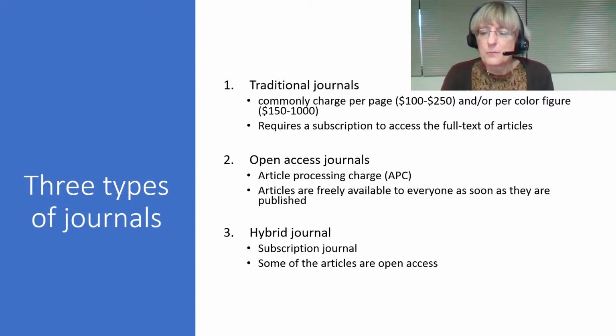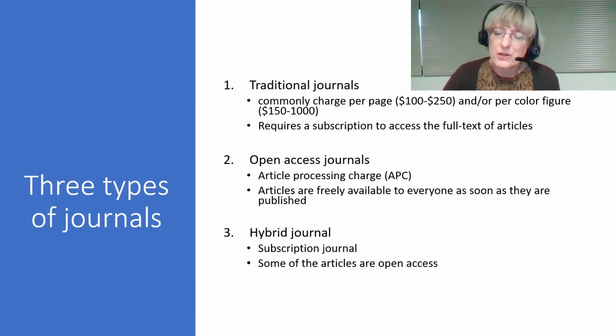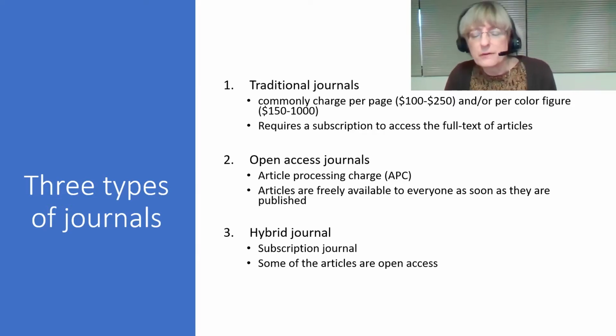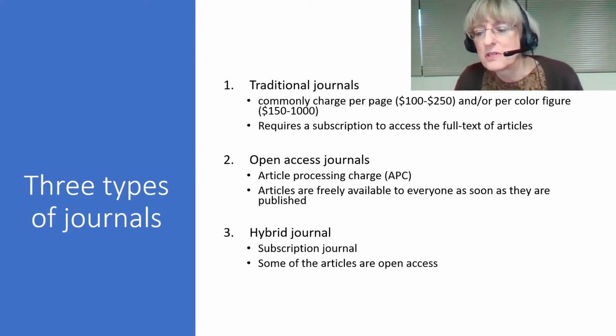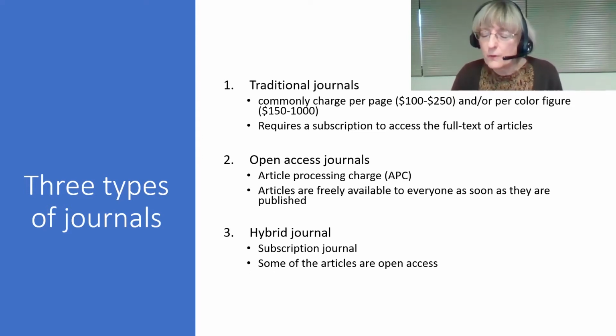And then the second type of journal is called open access journals. And these are journals that have really just come about in the last 20 years. The overall trend for journals is we're gradually moving basically to all open access, but we're in the transition period now, so it's a little bit hit and miss, and it's kind of rocky. But with these journals, as soon as the article is published, it is freely available for everyone to read.